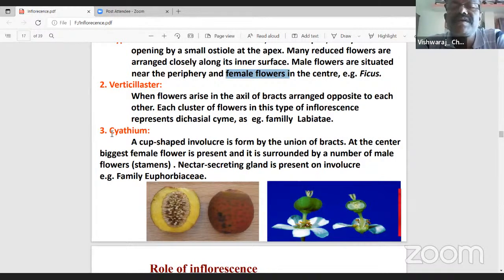Nectar secreting glands are present on the involucre. Example: Euphorbia. This involucre is formed due to the union of bracts.